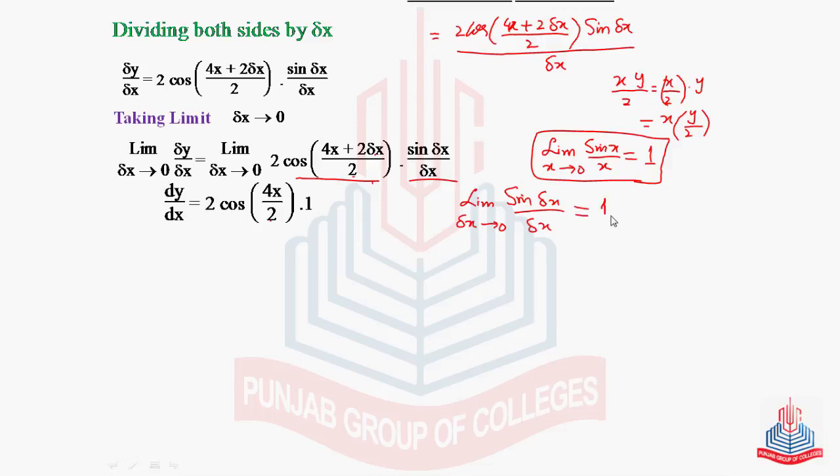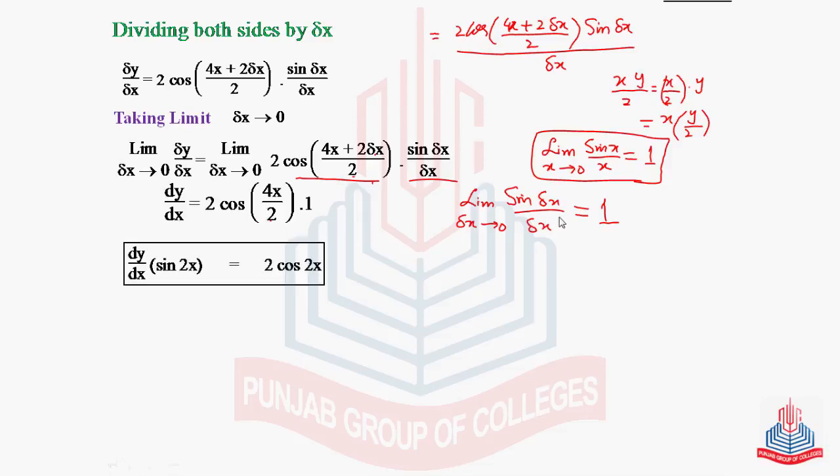That is from limit delta x approaches 0 of sin delta x over delta x, which was explained here in this step. So these 2's are 4, and our final result is 2 cos 2x.